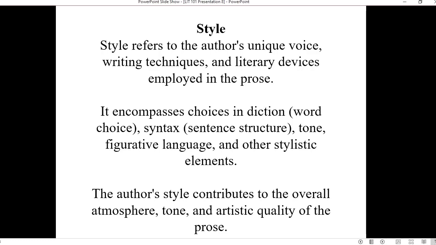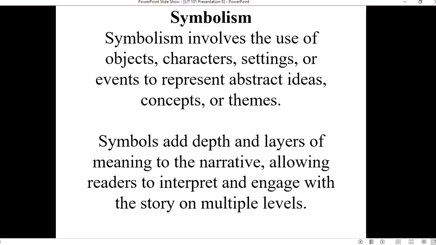This one is Ngugi wa Thiong'o's work. So style is very, very important. That is what makes an individual author unique, different from other individuals who write the same genre of literature as that individual.